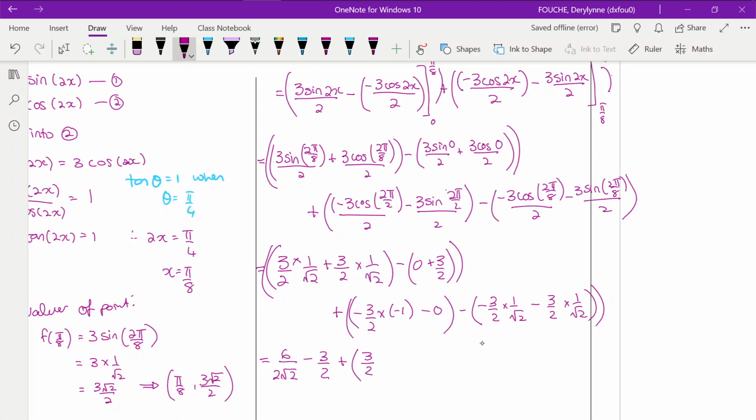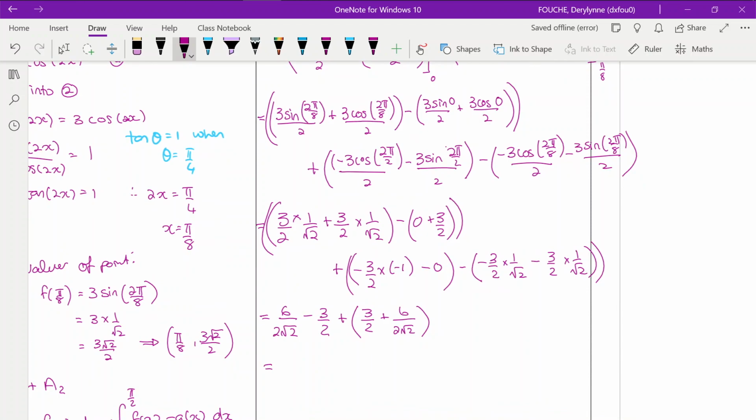And here we have negative 3 over 2 root 2 minus 3 on root 2, 2 on 2, which becomes negative 6 on root 2, but then we've got a negative times a negative, so it becomes positive 6 on 2 root 2.